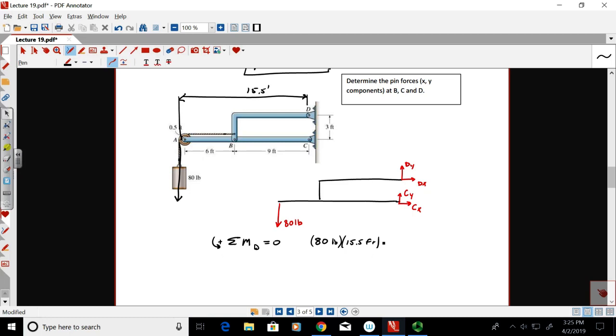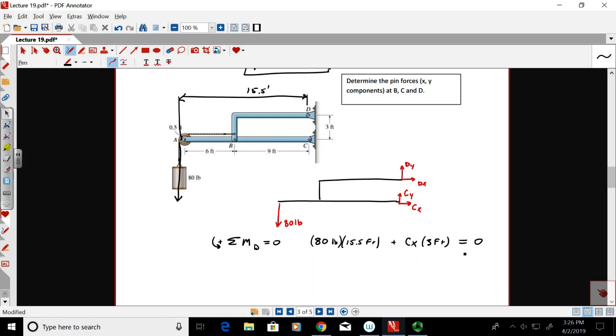Good. And then the only other force that creates moment about D is CX. And that looks to me like CX is 3 feet away, right? And the way I have it drawn, it's a positive. Right, like that. They're both positive moments.